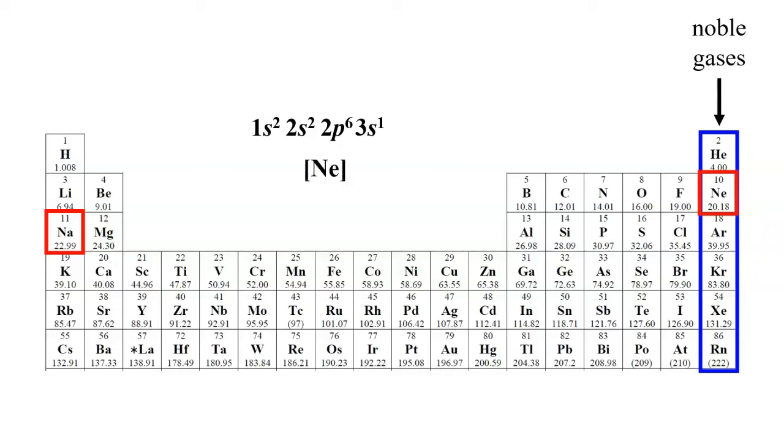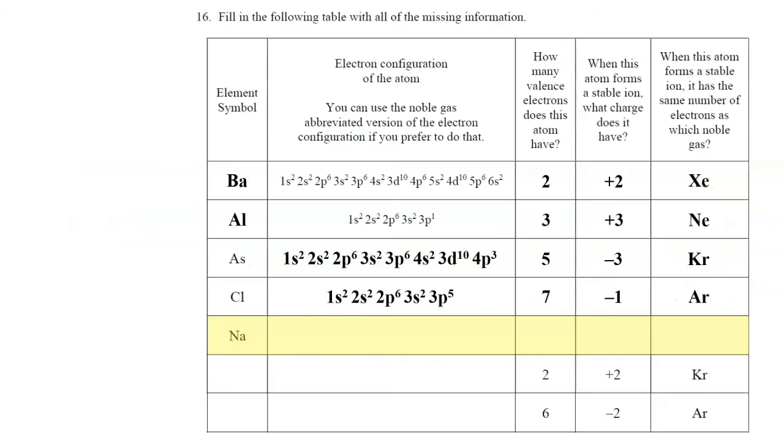So just simply writing neon in brackets takes care of 10 electrons, and then all you'd have to do is write 3s1 after that. So you're looking at the complete and the noble gas abbreviated electron configuration for the element sodium. So you could either write this or you could write that. Either one of these would be the correct electron configuration for the element sodium.